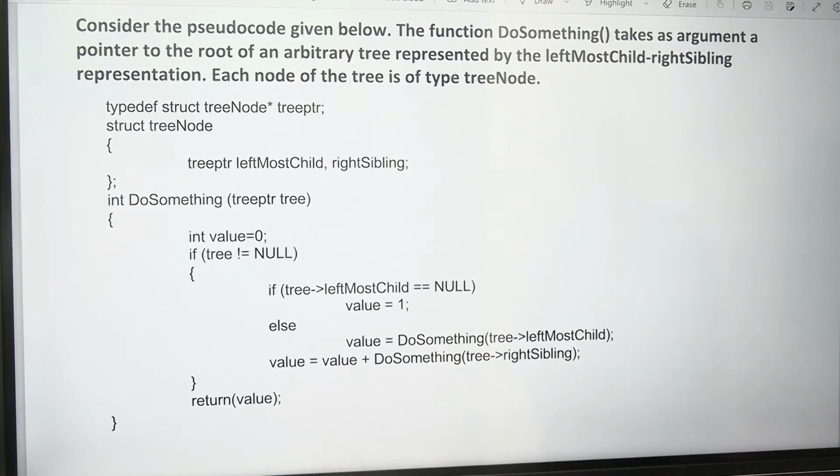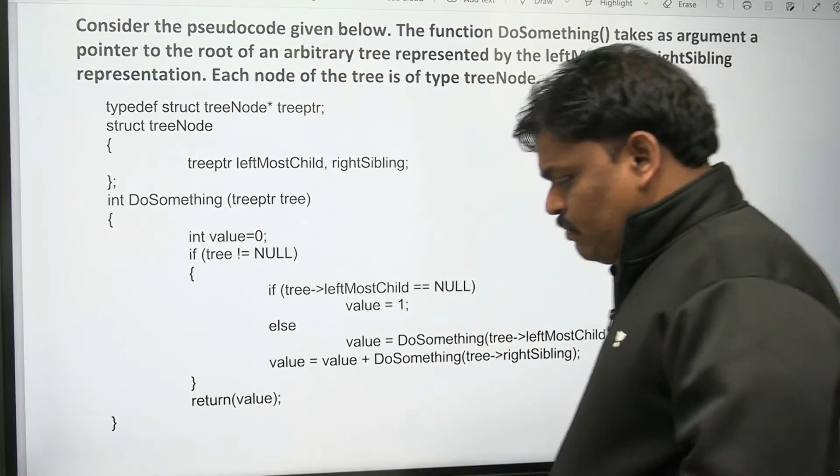Actual input is an arbitrary tree. It is not binary, it is not ternary, it is an arbitrary tree. Nowhere is a binary tree mentioned, but it is represented by leftmost child, right sibling representation.